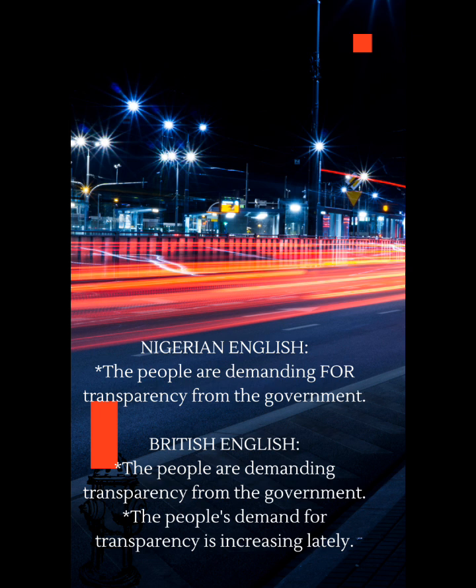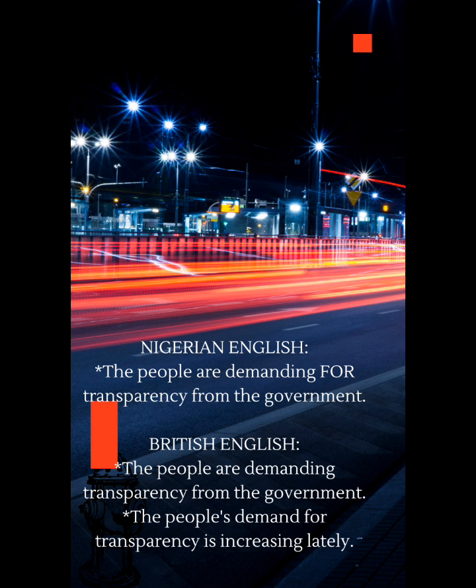But let me also say that the noun form of demand can collocate with for in British English. So if you are using demand as a noun, it can collocate with for. But if you are using it as a verb, it does not collocate with any preposition. It does not collocate with for.